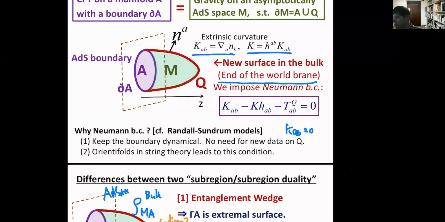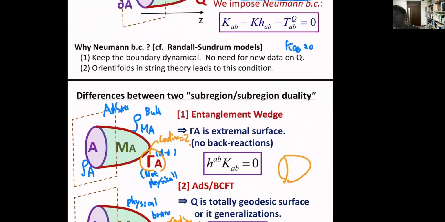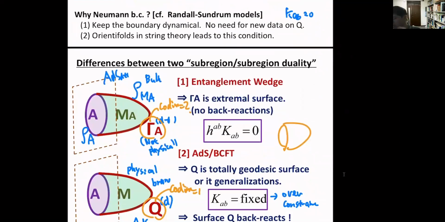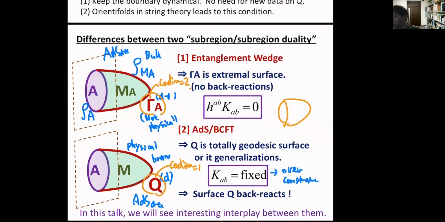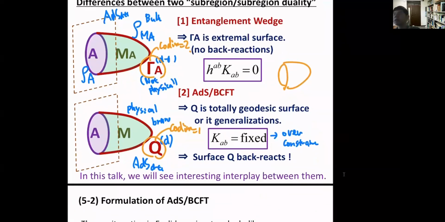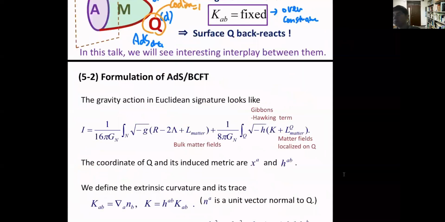But with a Neumann boundary condition, we can just impose this; maybe you can even set this to 0. So we don't need new data. That's basically what I wanted to mention. Things become clearer if I give a more explicit example of T_{AB}^Q.